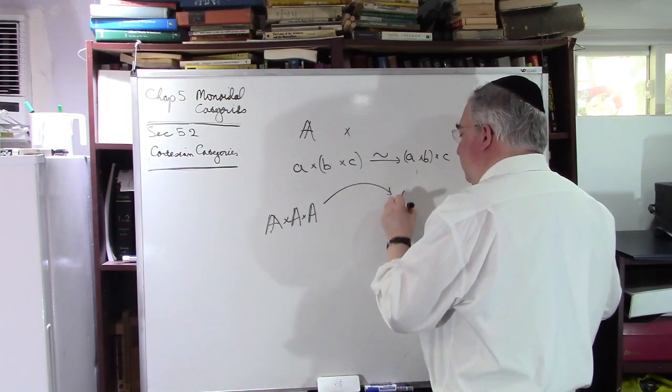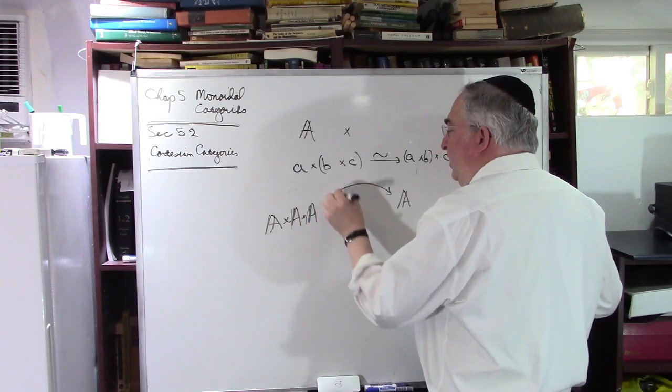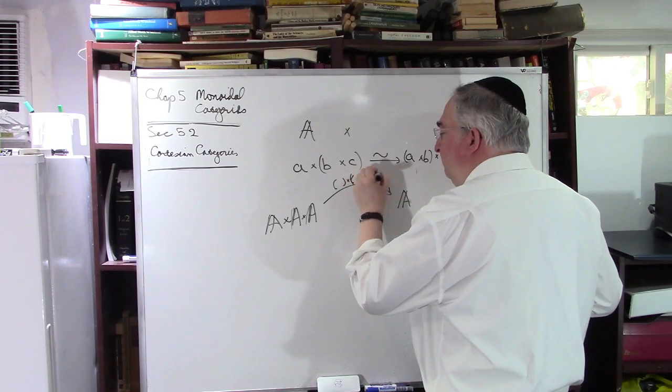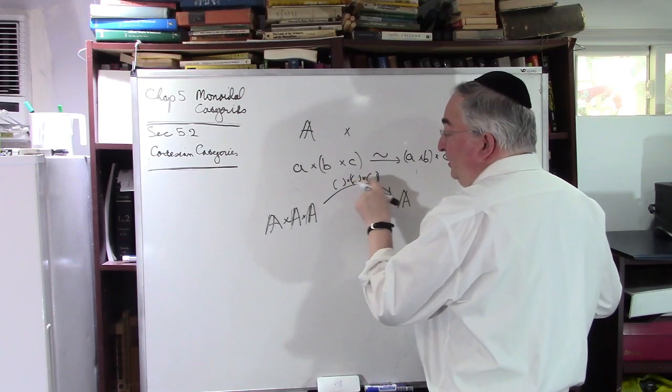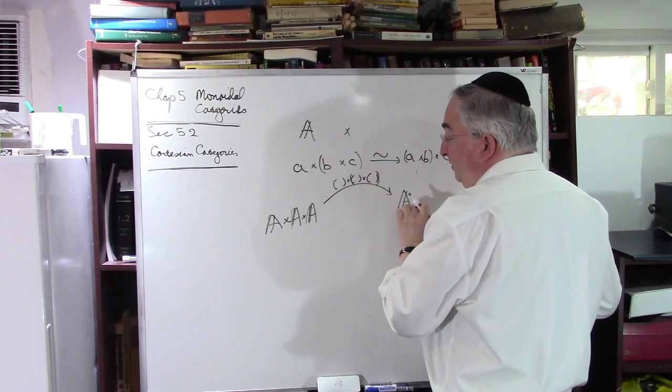I can take three elements of the category, and I can do it like this: multiply the second and the third one, and then multiply the first one with that product. Either way, you get an element here.